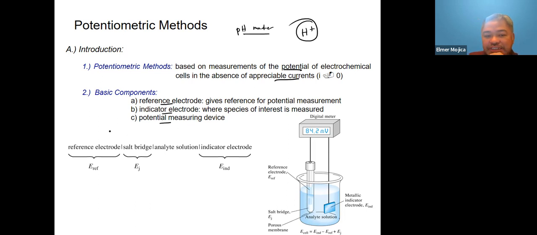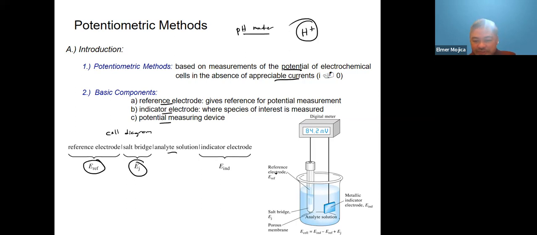So if we're going to look at the cell diagram, this is still part of the electrochemical cell. So yung titingnan natin, meron kang reference electrode that gives the potential of the reference, and then yung salt bridge, so yan yung EJ, liquid junction potential. And then yung analyte solutions, yan yung sample mo, at saka yung indicator electrode. So if you're going to look at this component, maaring ito yung classic na pH meter. Okay? So you have this probe or the electrodes dip in the analyte solution.